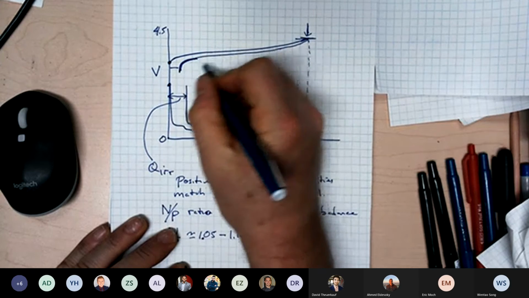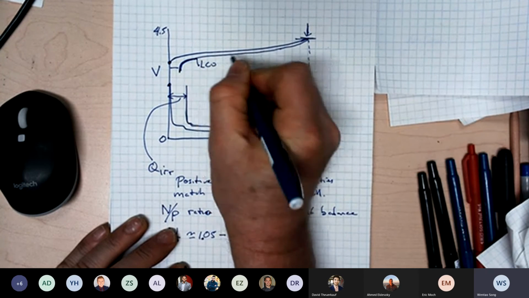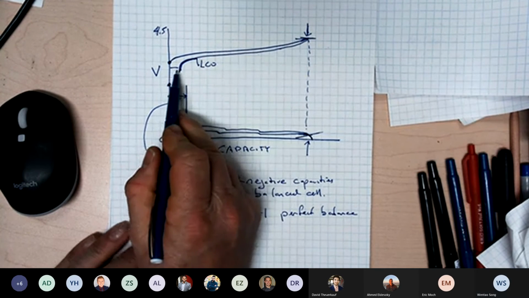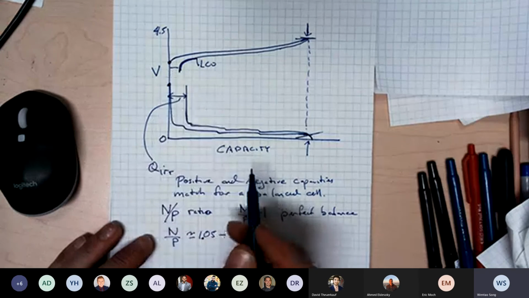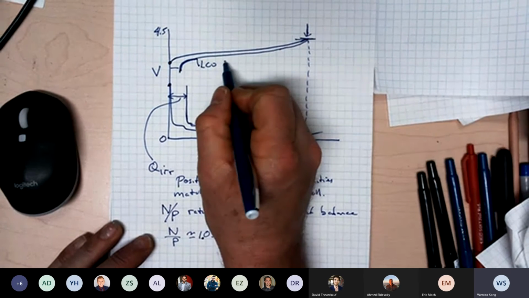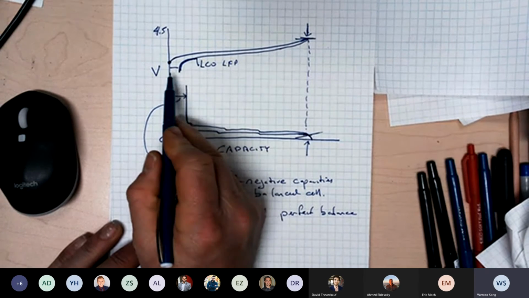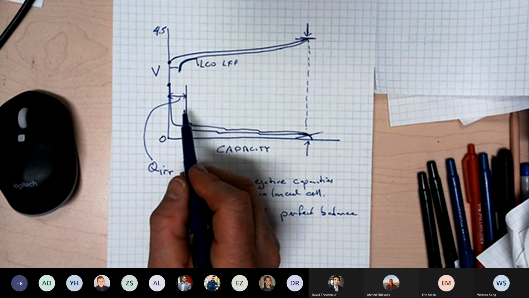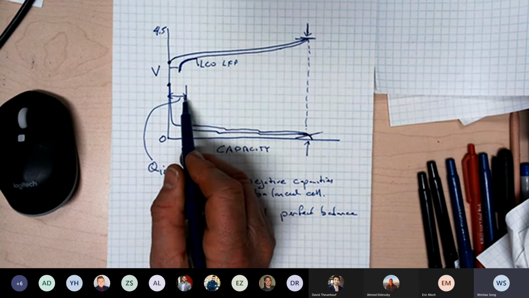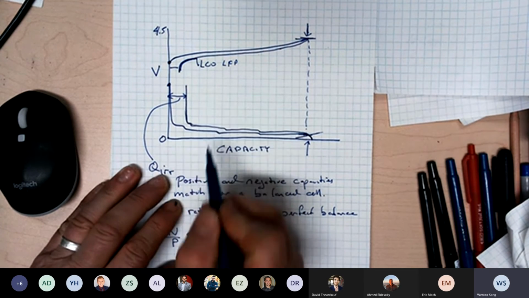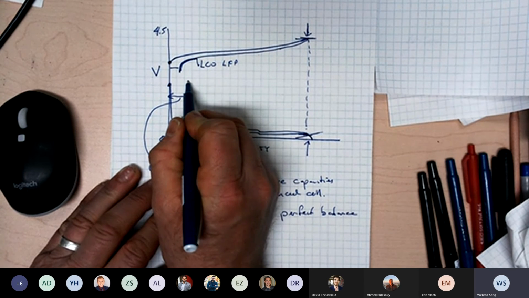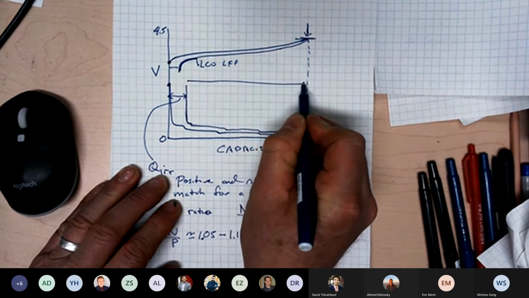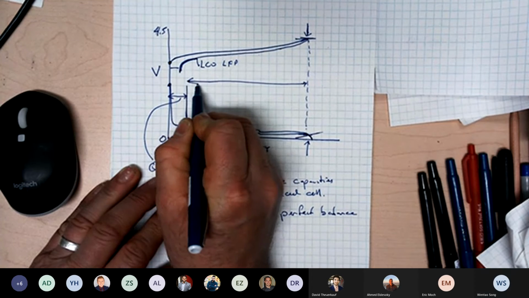For example, if this is LCO, the irreversible capacity is very small on the positive side. Or if it's LFP, the irreversible capacity on the positive side is very small. So the overall capacity of the lithium-ion cell will be this.